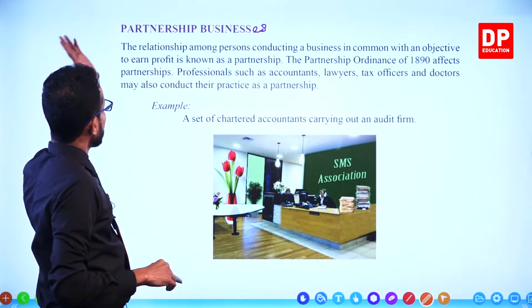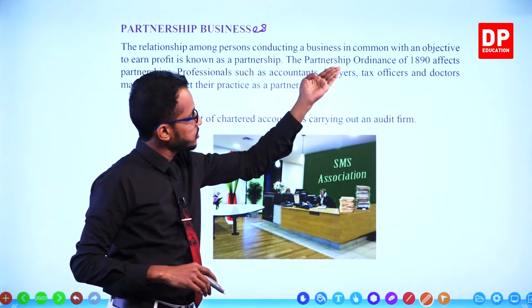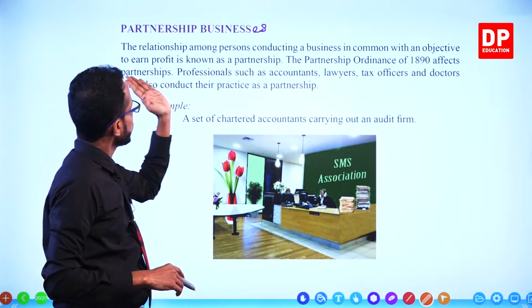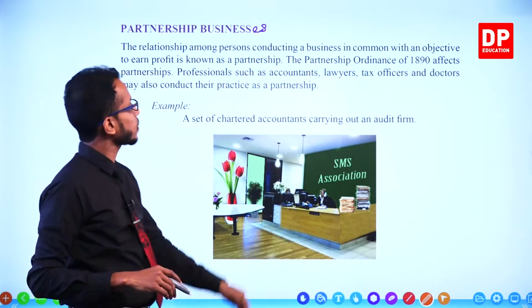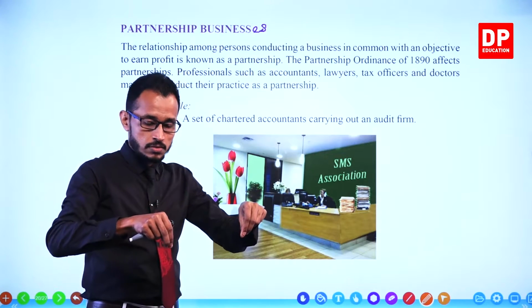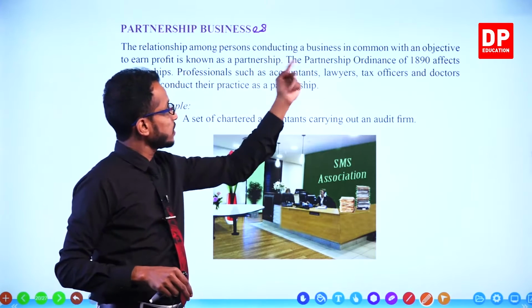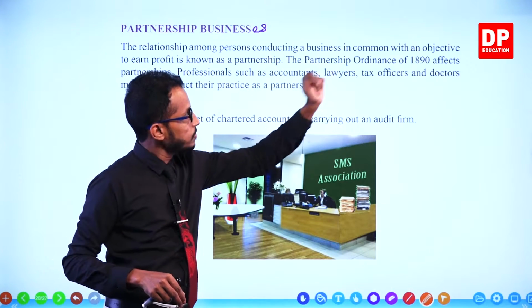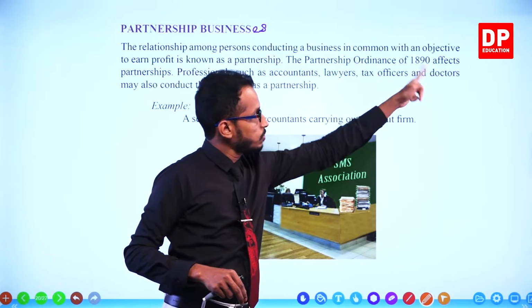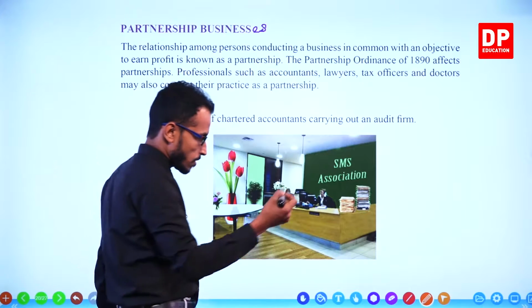Quickly go through the text. The relationship among persons conducting a business in common with an objective to earn a profit is known as a partnership. The relationship among persons, not 1, 2 or more, a group of people conducting a business in common with an objective to earn a profit is known as a partnership.